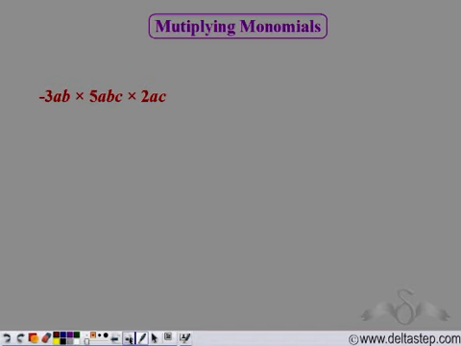So let us multiply these three monomials, which are the expressions containing just one term, and see what we get. So what are the numeric parts? Negative 3 into 5 into 2.